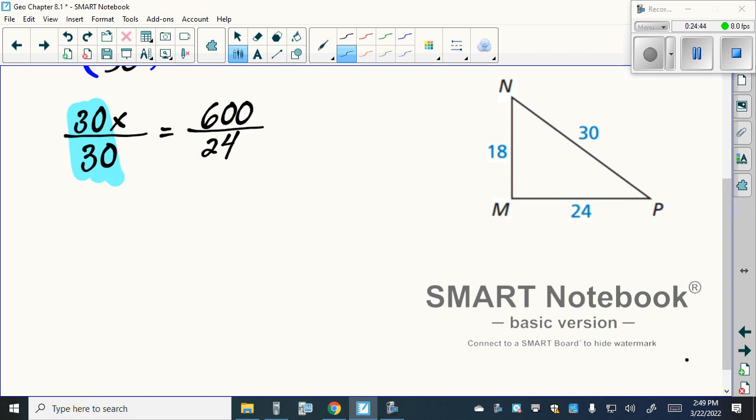Anything divided by itself is 1. So 30 divided by 30 is 1, which is really leaving us with 1 times x, which is the same thing as x. Now the only thing we need to simplify is 600 divided by 24. We could type that into the calculator and it would give us an answer.